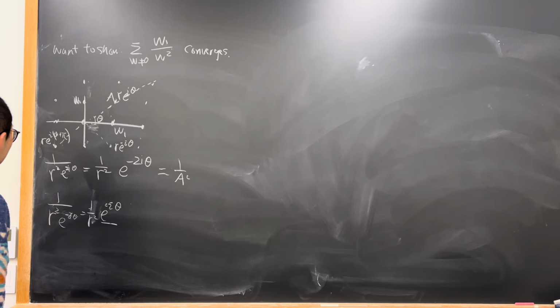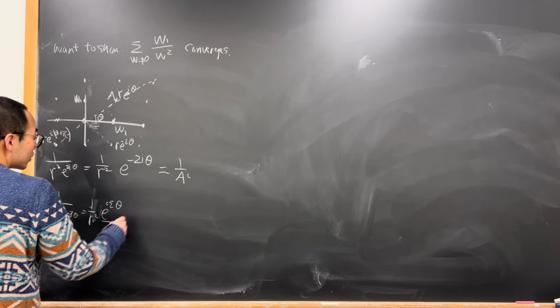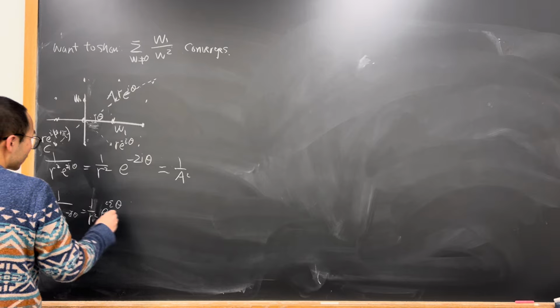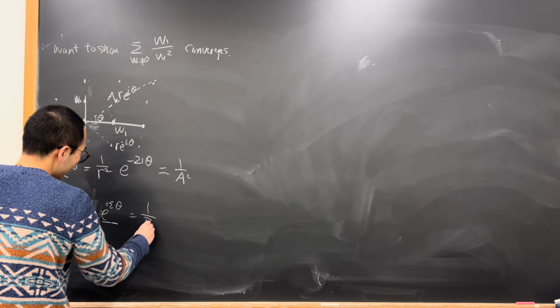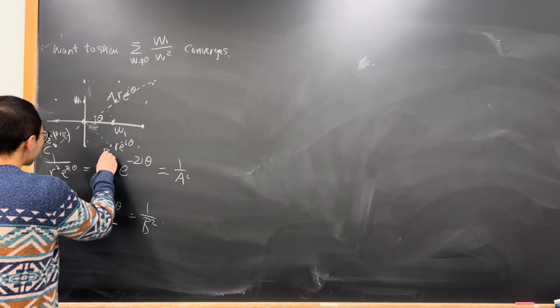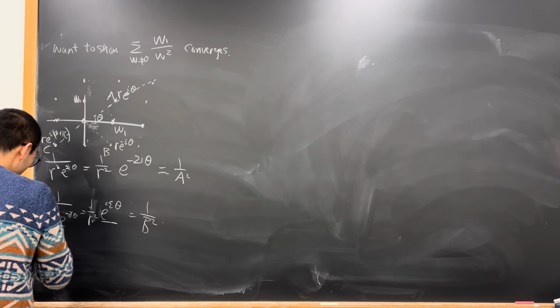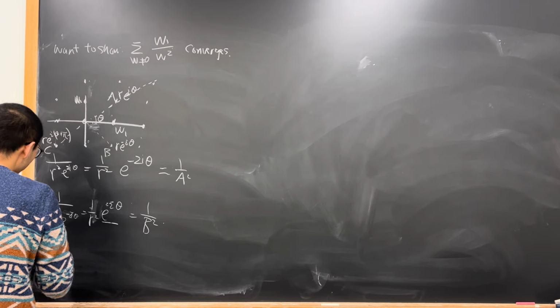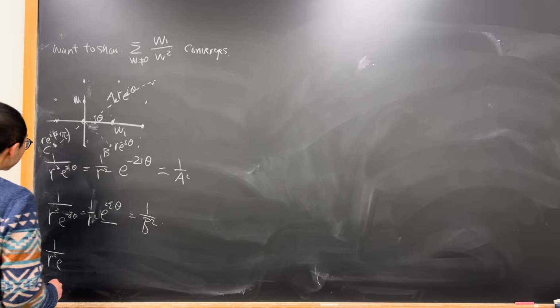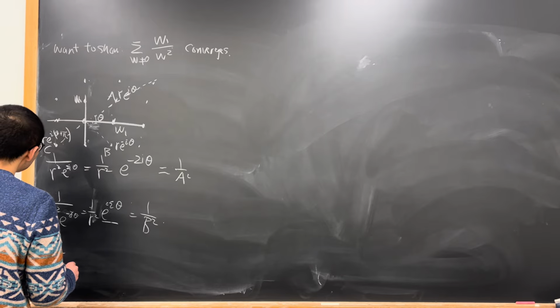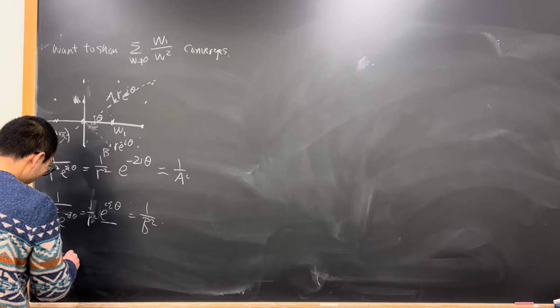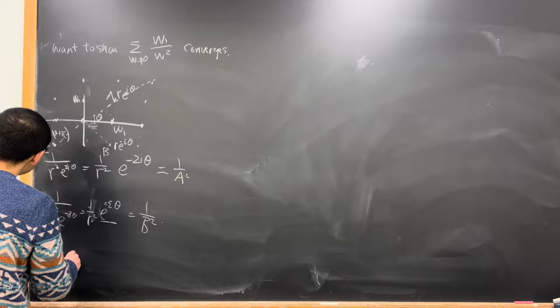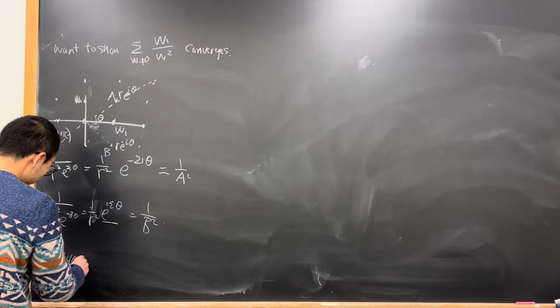Okay, so this is like point C. This is 1 over b squared. This is point B. Then you have 1 over r squared e to the 2i theta plus pi.